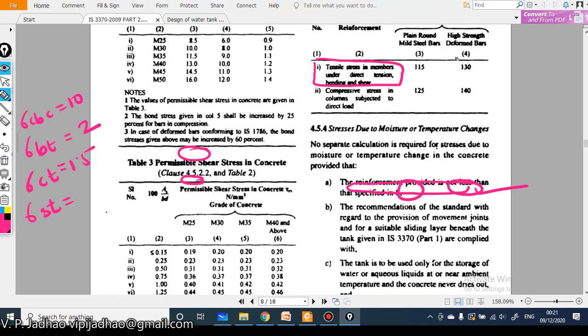The value for high strength deformed bars is 130 Newton per mm square. So we get sigma ST as 130 Newton per mm square. So we have got all these values, obtained from IS 3370 part 2, 2009.